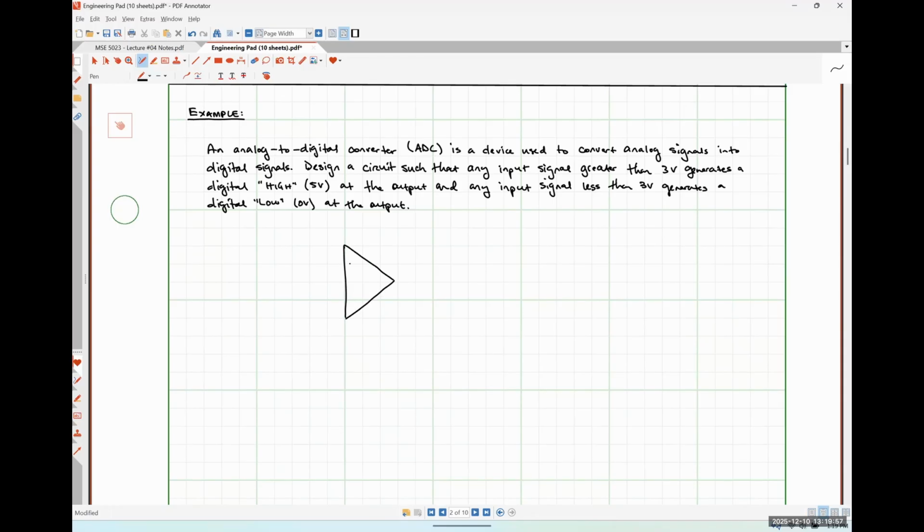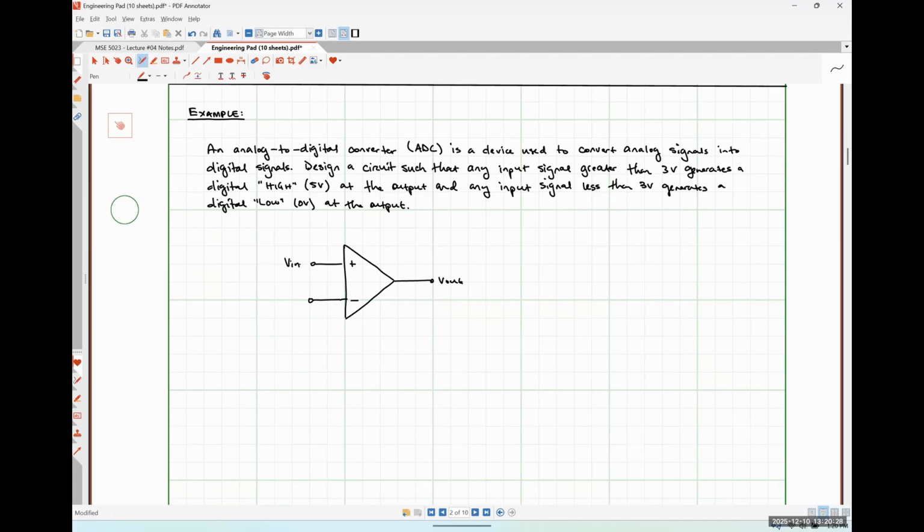Plus, minus, here's V out. Since we're dealing with a non-inverting comparator, we want our input signal Vin to be applied on the non-inverting side of the amplifier.